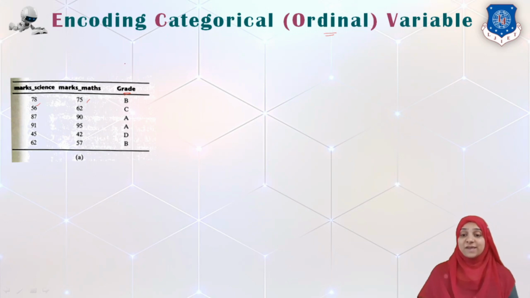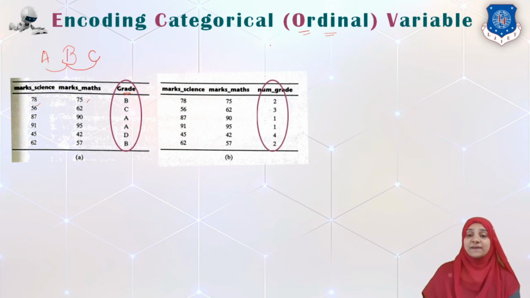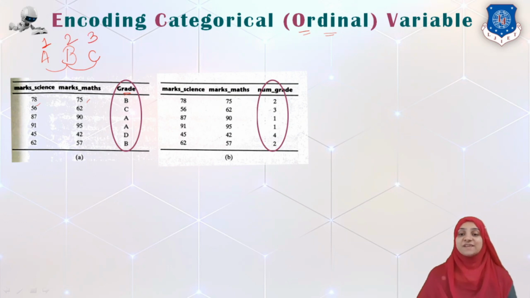That means I can say grade A is the best grade. After grade A comes grade B, and after grade B we have grade C. So they have a relationship or an order among them. That's why they are called an ordinal variable. So what we can do is simply give values to this order. For example, I know that A is the very first or best grade, B is the second grade and C is the third grade.